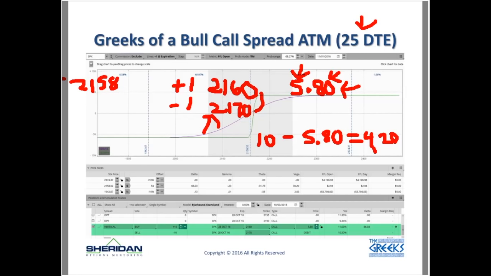If the stock goes up $1, theoretically, what will this price go to? If the price of SPX goes up $1, approximately, theoretically, what will that go up to?